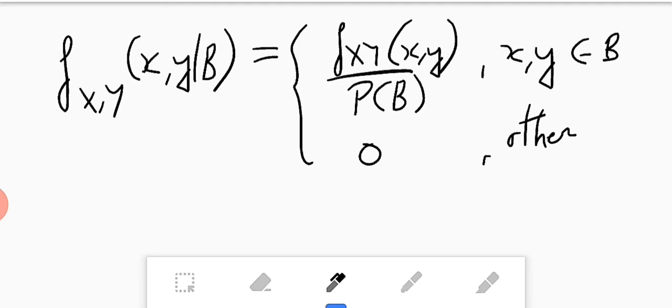So I hope this equation is clear. Next, we saw how you can get marginal densities, that is the PDF for the y variable and the PDF for the x variable, from your joint PDF. Similarly, you can get marginal densities from the conditional joint PDF.